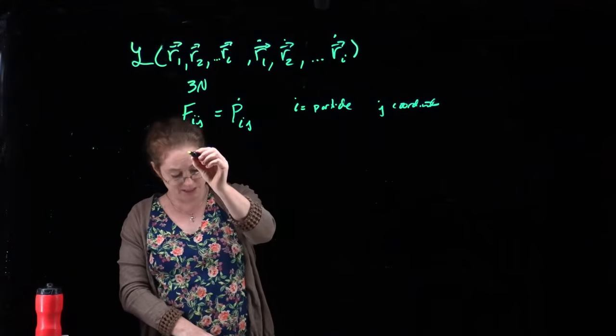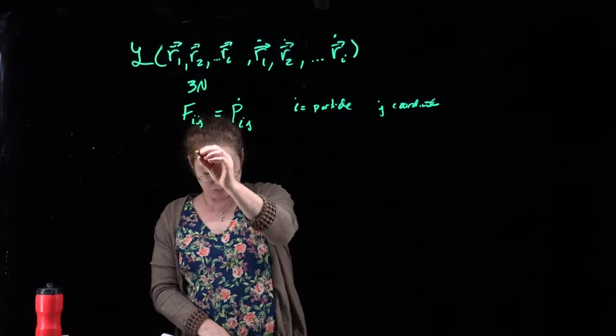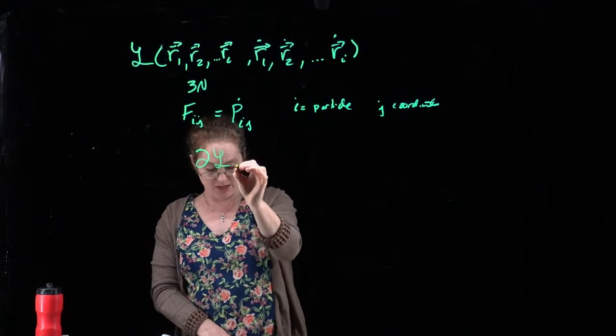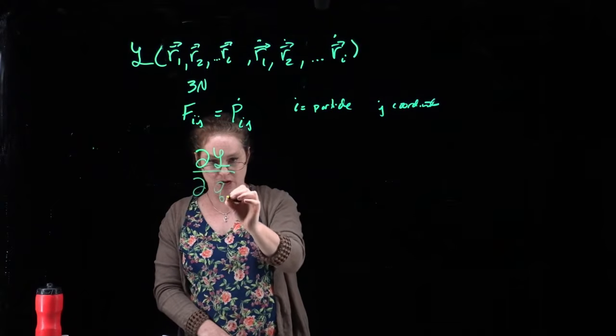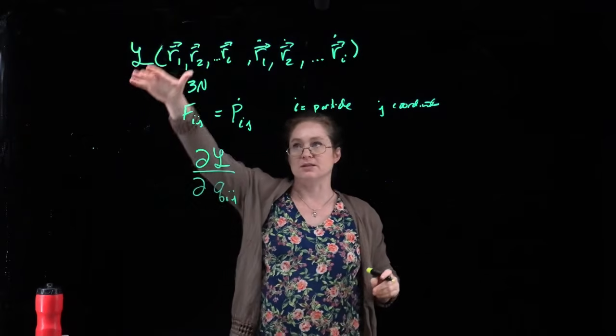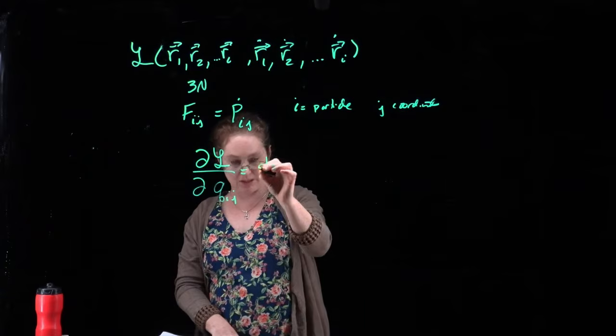And then for each of these parameters, you then have partial L, partial Qij. There's nothing about our derivation that put a limit on the number of different coordinates we could have.